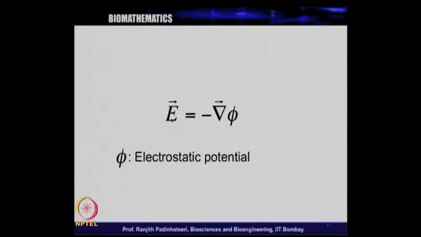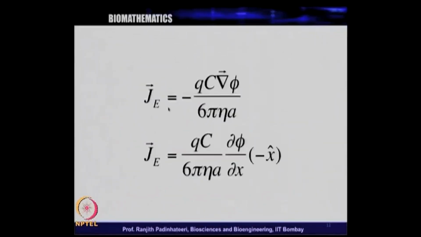Now we can substitute this E in the JE we had. We said that JE is QC E by 6 pi eta A, and for E we substitute minus del phi. Wherever we see the electric field, we substitute minus del phi, and del phi is d phi by dx with x cap, and there is a minus sign here which I put here.